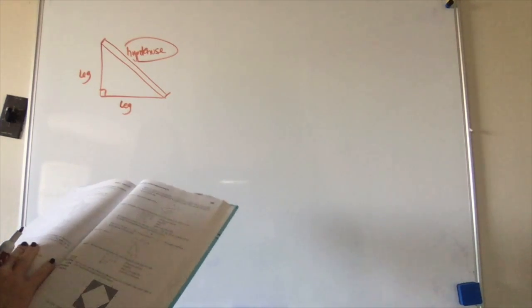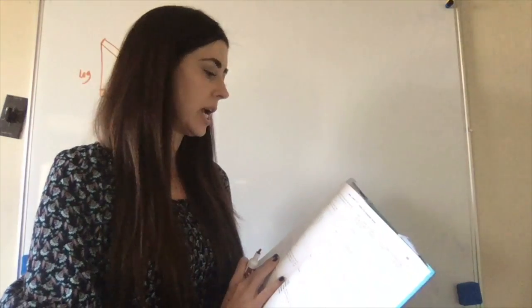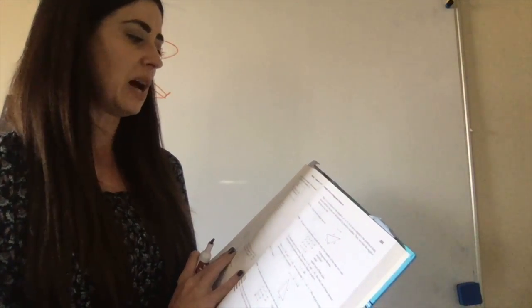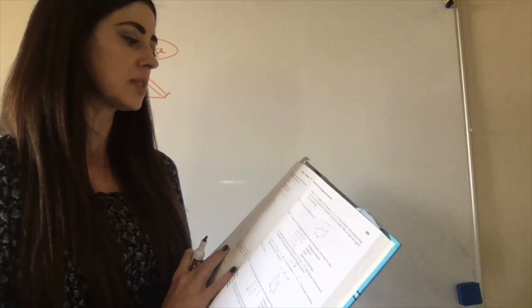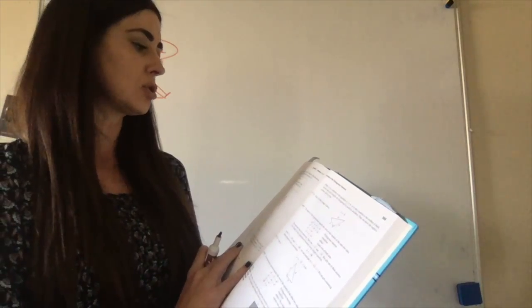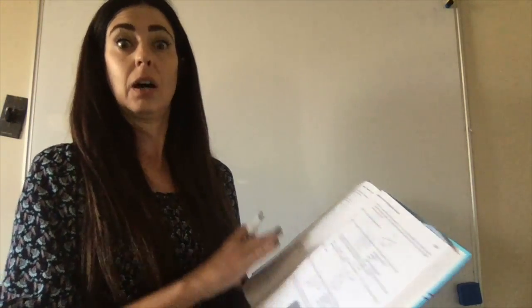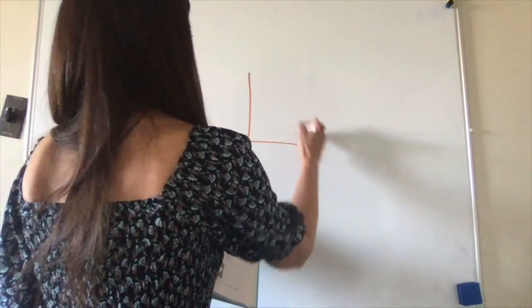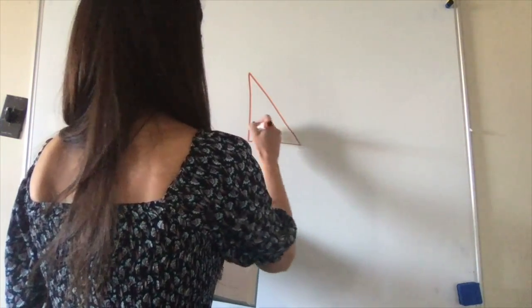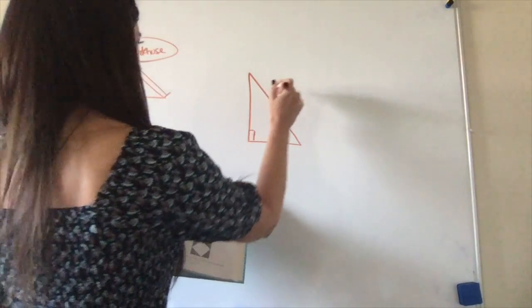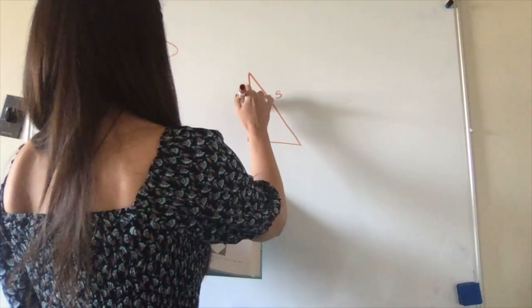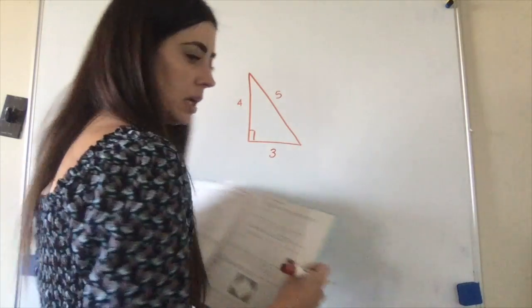All right. The Pythagorean theorem states that the area of a square drawn on the hypotenuse of a right triangle equals the sum of the areas of the squares drawn on the other two sides. That's a lot of words. Let's look at what that means. If we have a right triangle that measures 5 by 4 by 3, let me show you what happens.